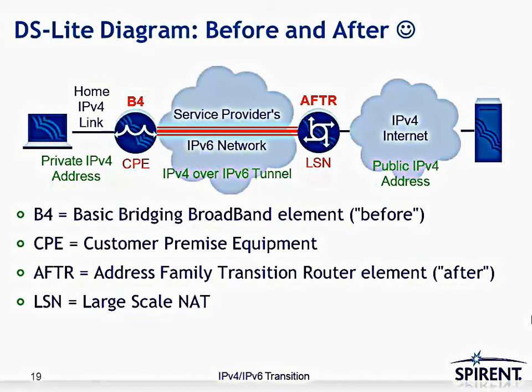And if you remember, as I described a moment ago, the customer's CPE is not required to do any translation, rather just tunnel the IPv4 packets in an IPv6 tunnel. The after gets its name from the address family translator router element. The after, as I described earlier, is a large-scale NAT or LSN. Anytime you have to do NATing at the edge of a service provider's network where it connects to either an IP version 4 or an IP version 6 network, you can expect there's going to be a lot of connections going through it, hence the term large scale.